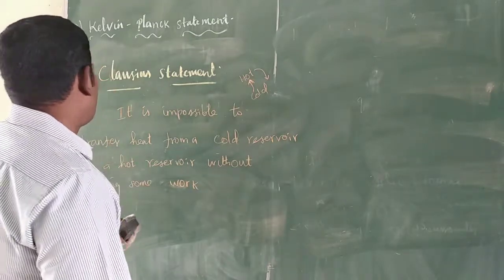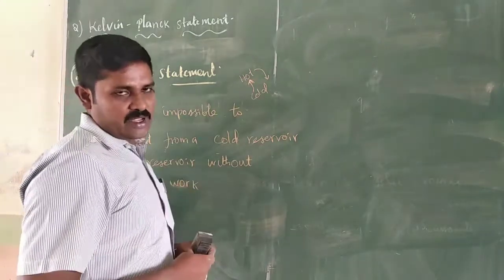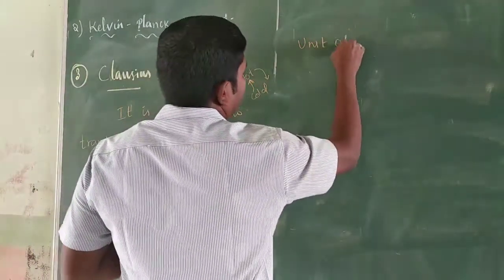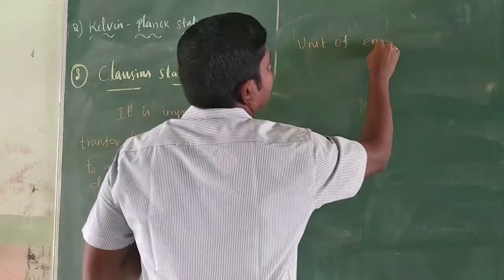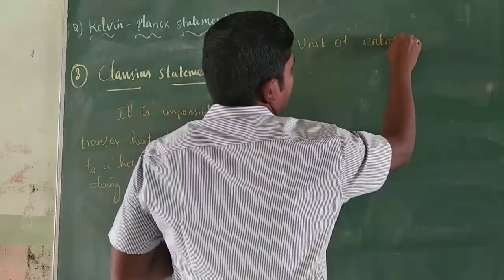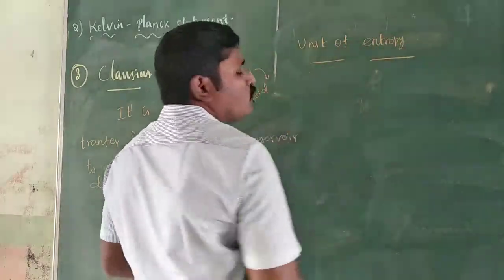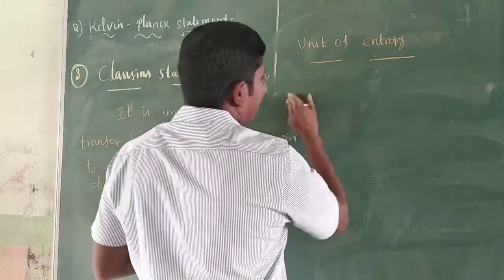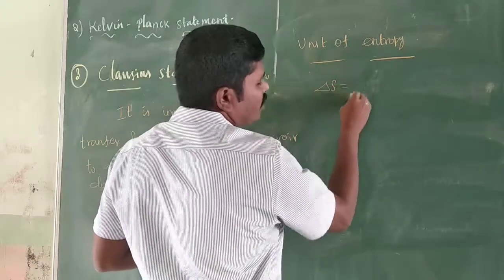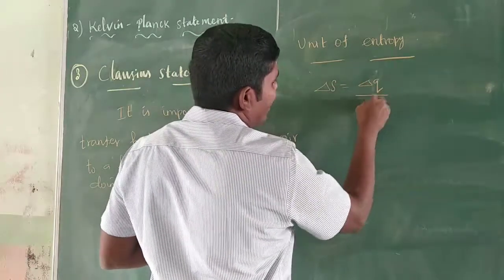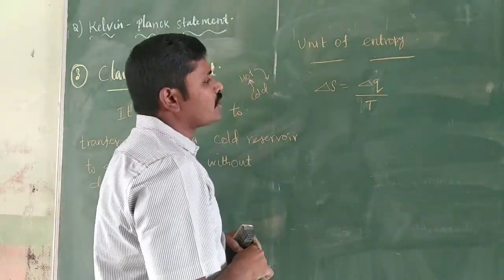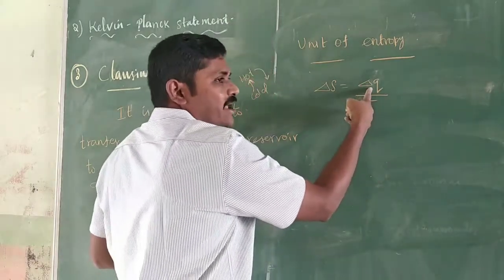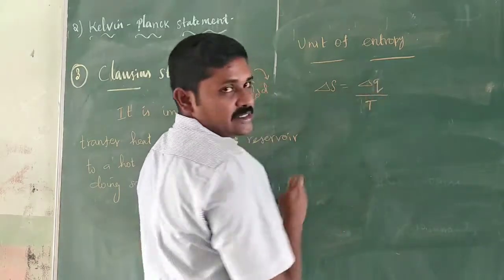Next, the unit of entropy. The entropy change del S is equal to del Q by T, the ratio of heat exchange to the temperature of the process.